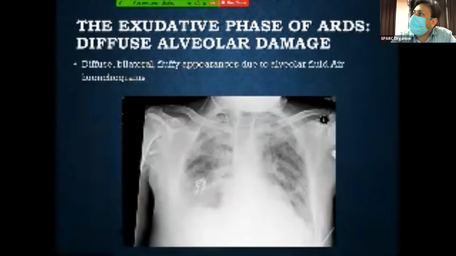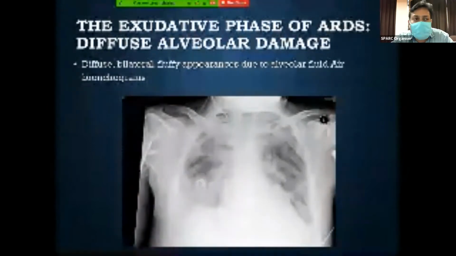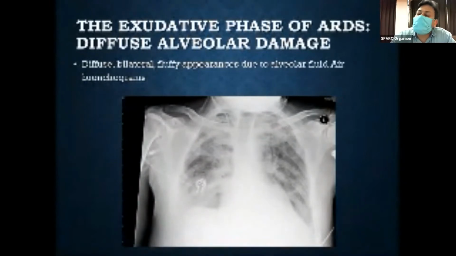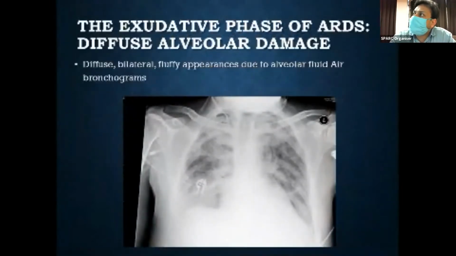Now coming to ARDS. ARDS also produces consolidation by filling of the alveoli with proteinaceous material, but there is a pattern of appearance of these opacities, and there is a typical setting. These patients are sick ICU patients, and there are many causes of ARDS, but these opacities start developing gradually.